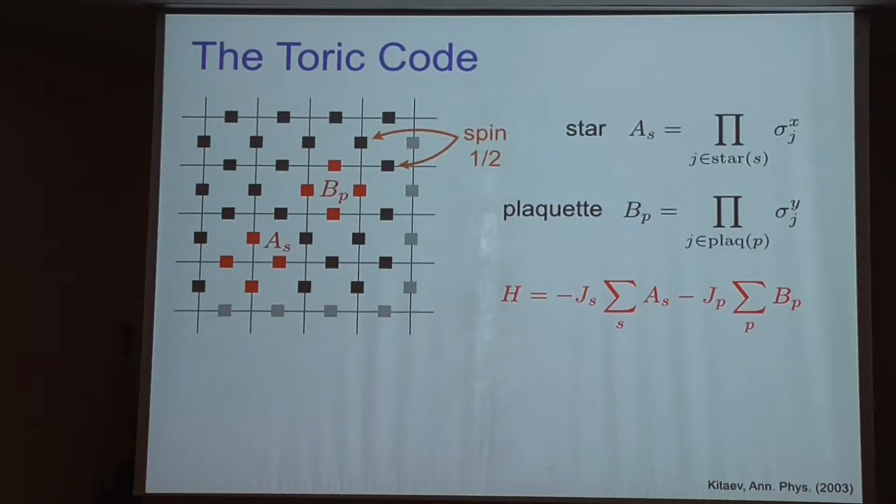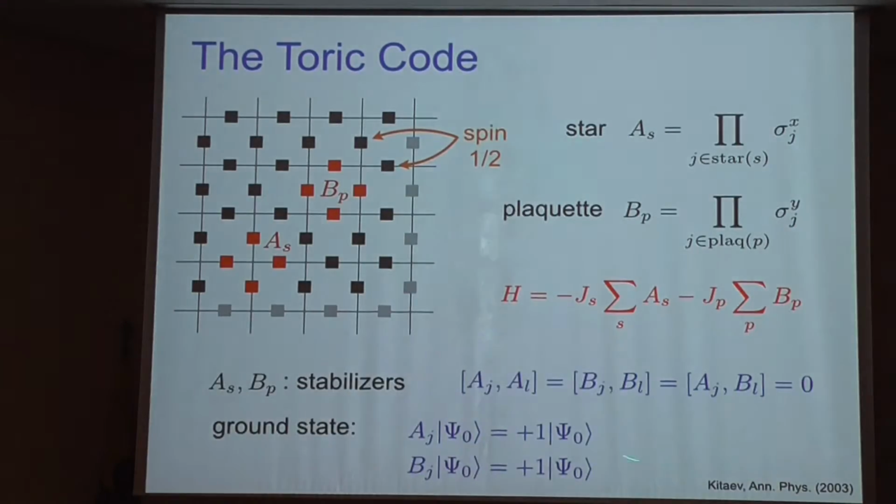And the typically interesting regime is when these Js and Jp are the same. One reason this model has become very famous is that you can also nicely solve it. And that is because all these so-called stabilizers commute. So maybe I should say, there are two approaches to the toric code.